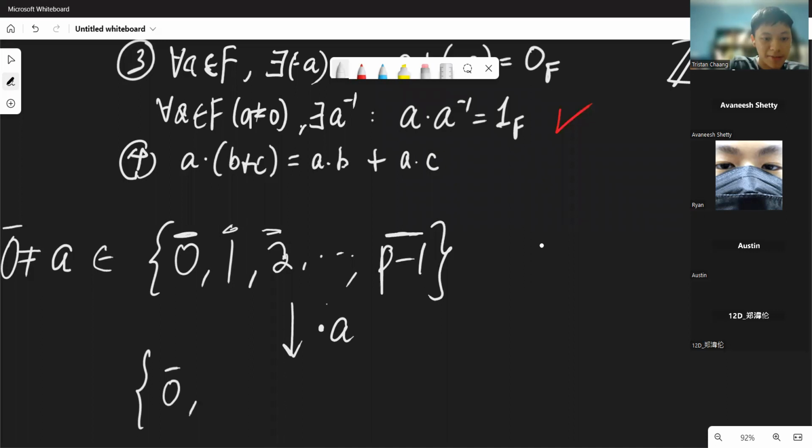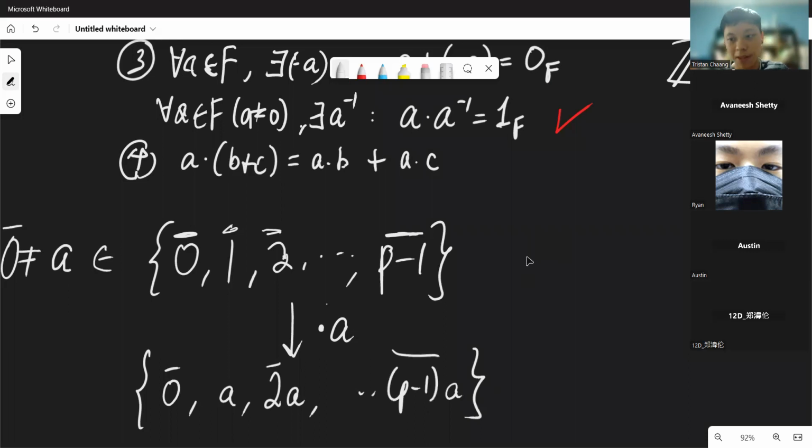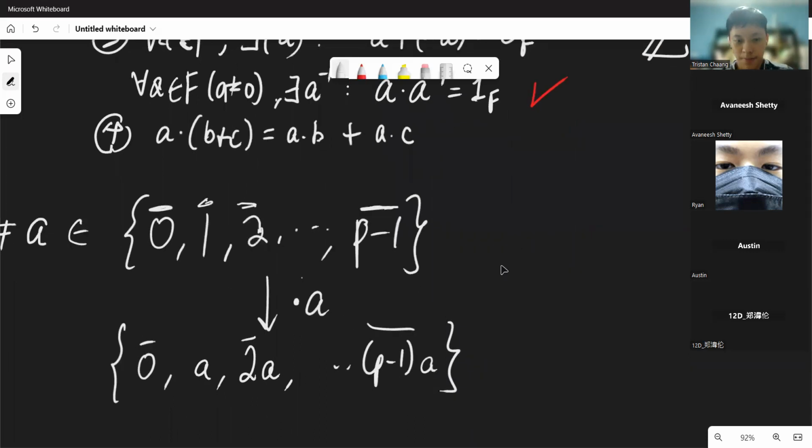1 times A, I'll just write A bar, but I think you can just say it's A. It depends on how you want to name those, but I'll just put a bar. And then 2 bar A, then 3 bar A, and so on until p minus 1 bar A. So remember, we're talking about mod p multiplication.